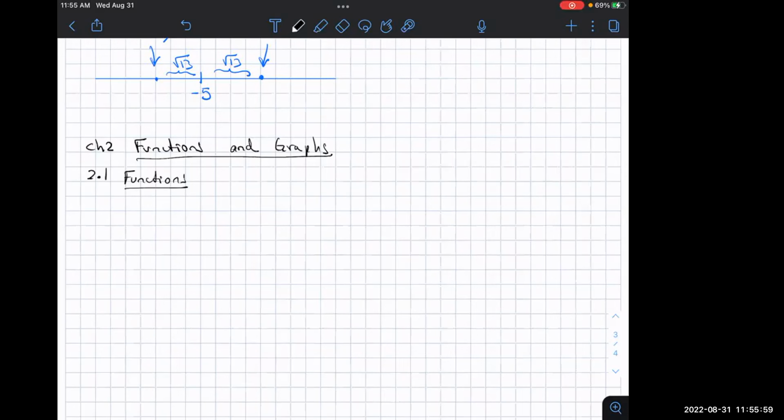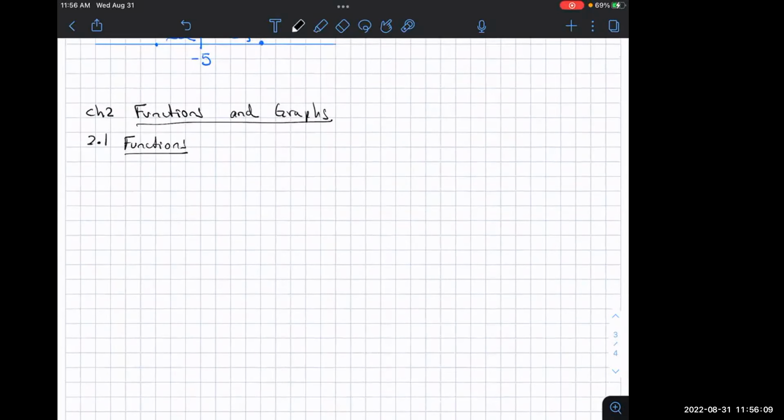So for us, we're going to first define a relation. A relation is really a pairing, a correspondence between elements of two sets. Definition: a relation is a correspondence between elements of two sets, so the parts of the sets.